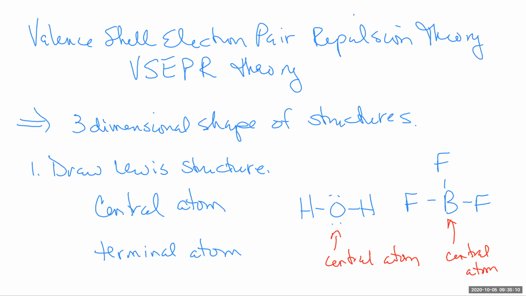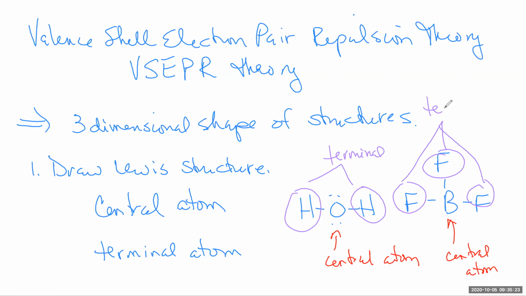The ones that are attached to it, because they're on the outside, right? And over here, the fluorines would be the terminal atoms. So when we're applying valence shell electron pair repulsion theory, the first thing is to draw a correct Lewis structure or a plausible Lewis structure, and keep in mind that there's a central atom and terminal atoms.